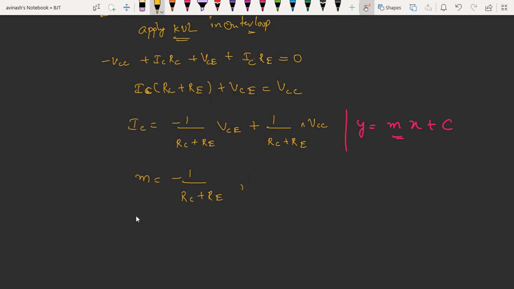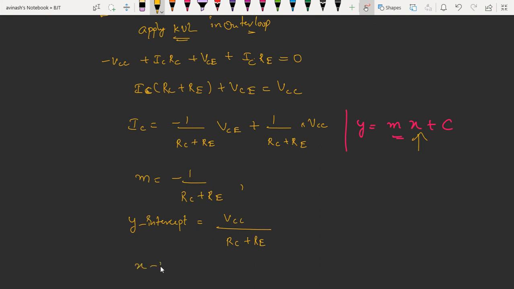Then what is the y-intercept? How to find the y-intercept? Put x equal to 0. X equal to 0 means VCE is equal to 0. Then what we get here? VCC by (RC plus RE) will be the y-intercept.